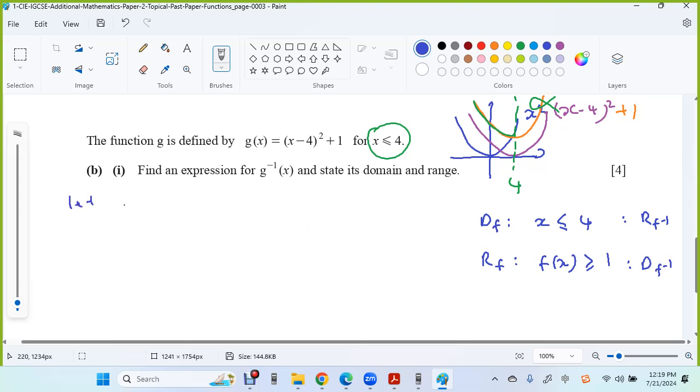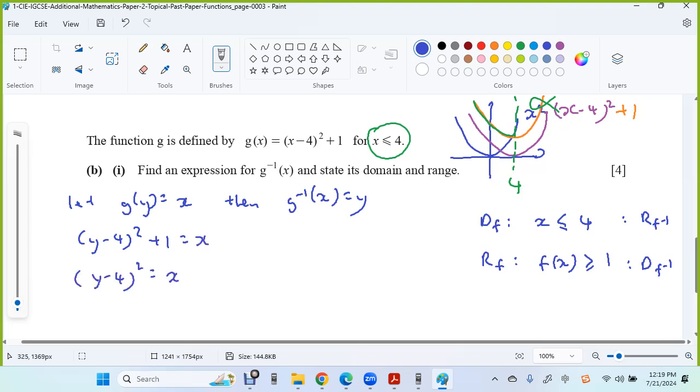So let g(y) equal to x, then g inverse of x equal to y. So (y minus 4) square plus 1 equal to x, (y minus 4) square equal to x minus 1, y minus 4 is the plus minus square root of x minus 1.